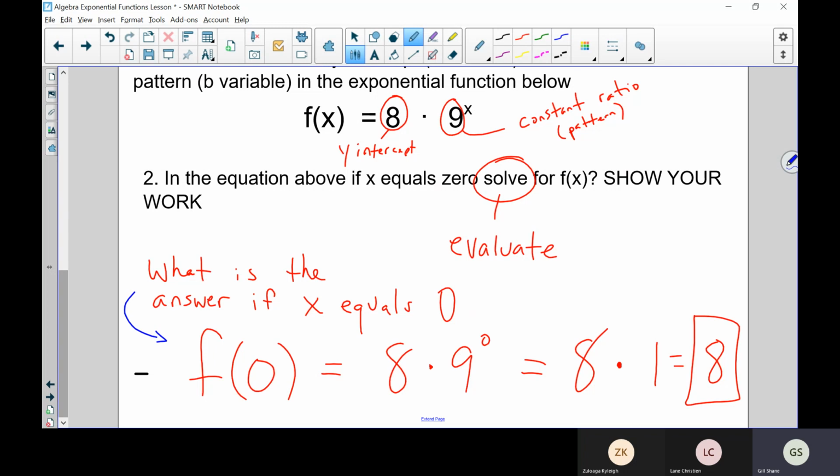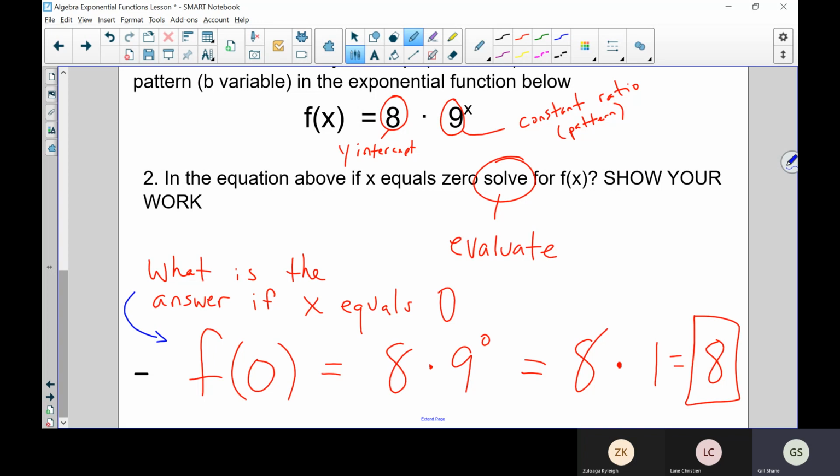It's the same thing I would ask if I said evaluate for x equals 0. Same thing. No, it's not 1. That's a very common answer. 8. That's the answer right away, literally up on the board.